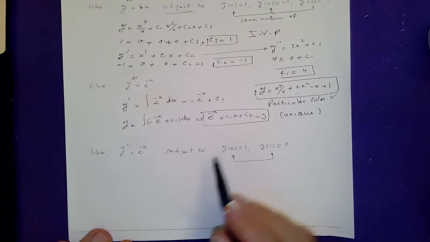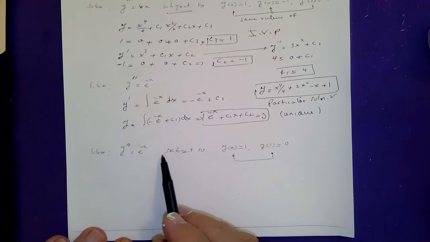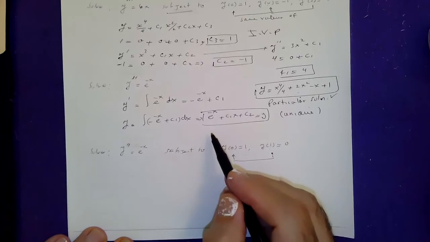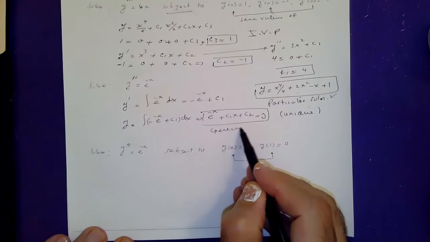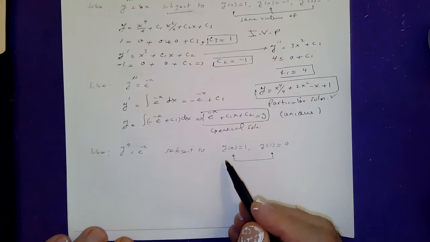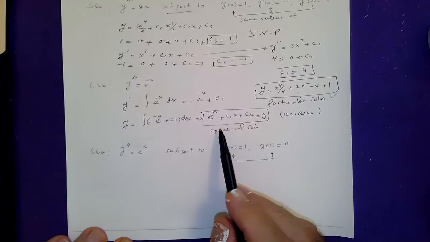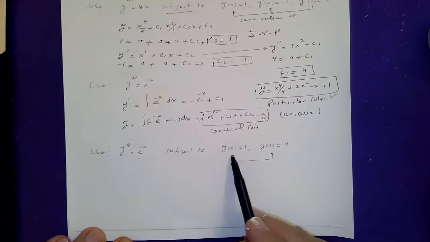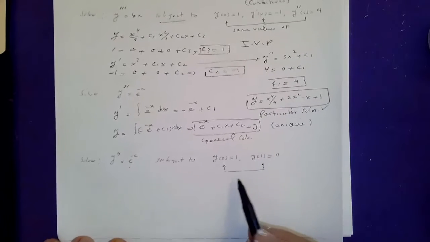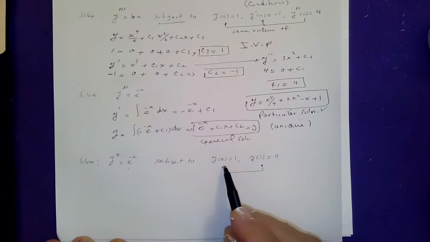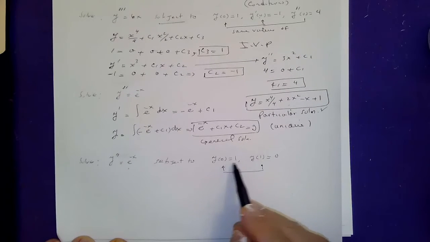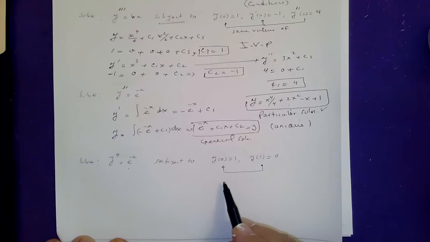So now, in the next problem, they said, okay, solve this. The previous one was find a general solution, which I did. In the next problem, it says solve this, but subject to these conditions. But notice in this particular problem, the values of x inside the parentheses are different.